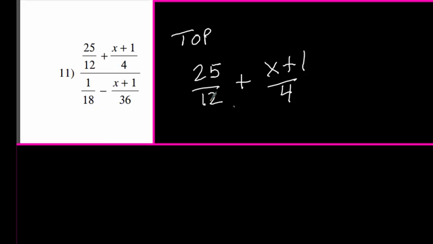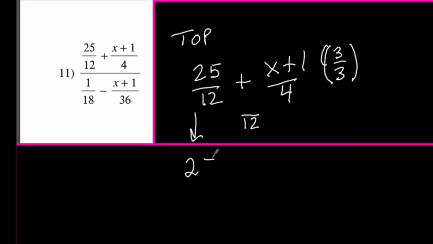Well, there is no way to do that because they do not have common denominators, right? So I would have to make them both into 12s. The least common multiple there would be 12. So this one I don't have to do anything to, but this one I do have to multiply by 3 over 3 in order to make a common denominator.